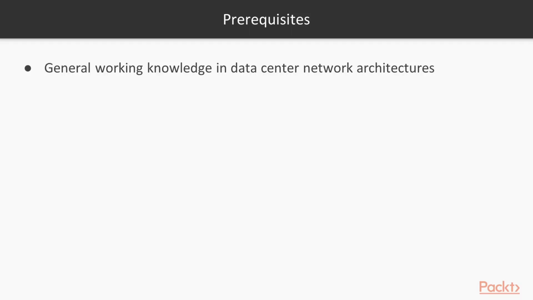Okay, very important prerequisites for this video course, and I want to make sure that you fully take advantage of all my training sections. You need to have a general working knowledge of data center network architectures. I'm not implying for you to be a CCIE level expert, right? But you should have working knowledge.